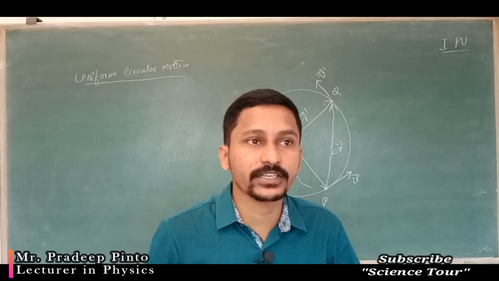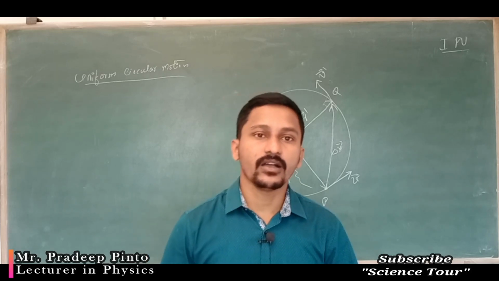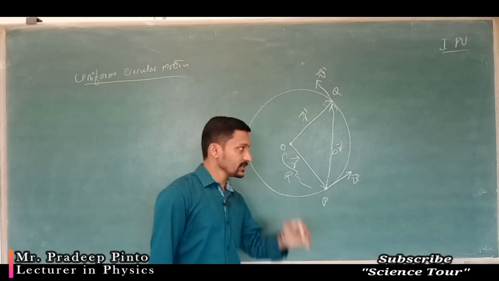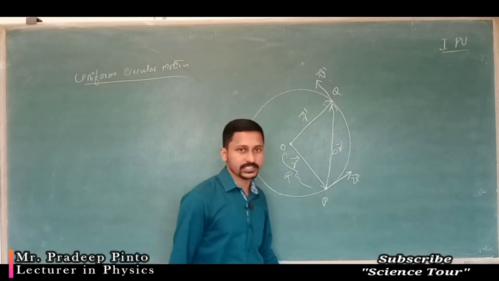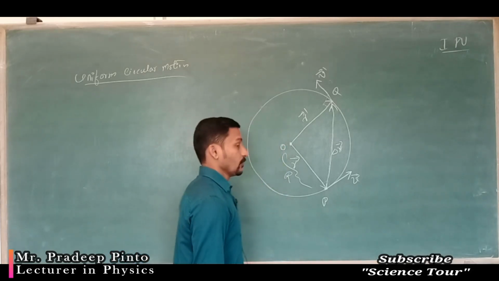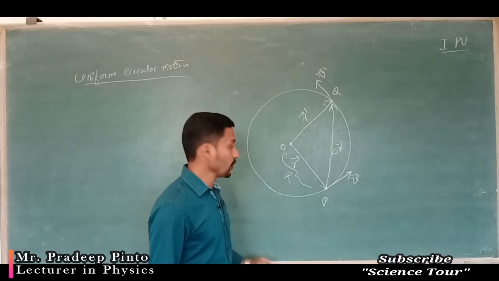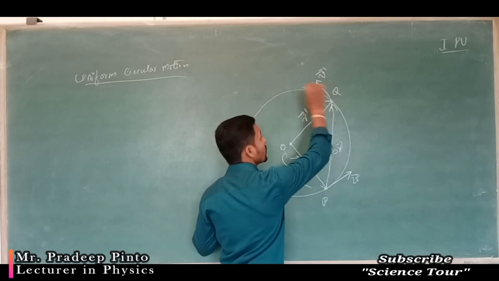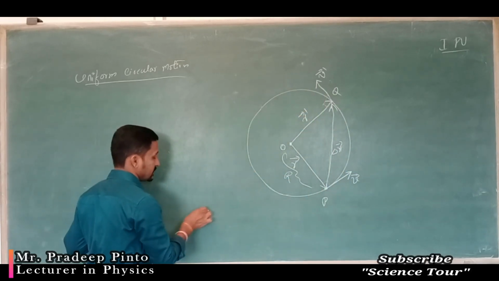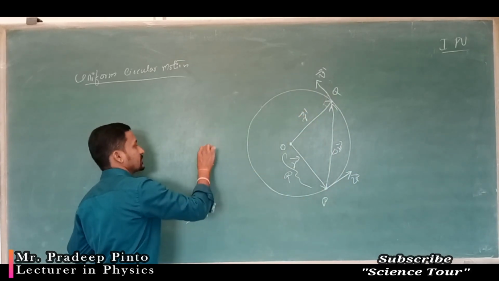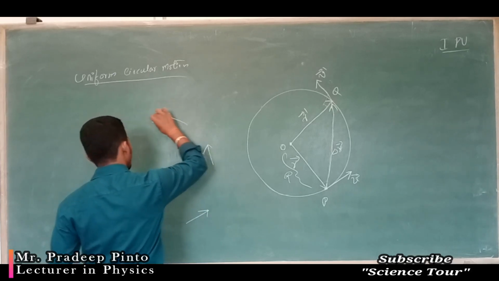Constant speed means you may think velocity must be constant. No, the magnitude of velocity is constant, but the direction changes. This is the first direction, this is the second direction, this is the third direction.